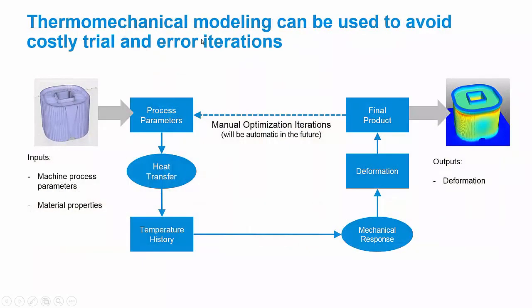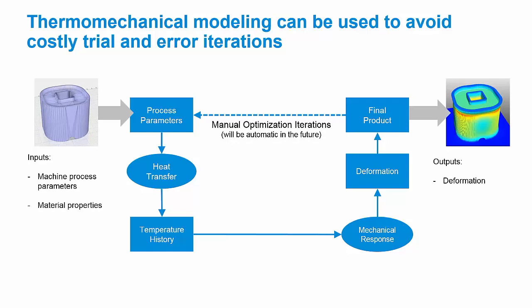So the idea was that because these trial and error iterations that it takes to get a successful build are very costly, it would be more cost effective to run a thermal mechanical simulation before actually going to the machine. So if you know your machine process parameters and you know your material properties, you can input those into a heat transfer analysis to calculate the temperature of the part at all of the nodes during the entire build process.